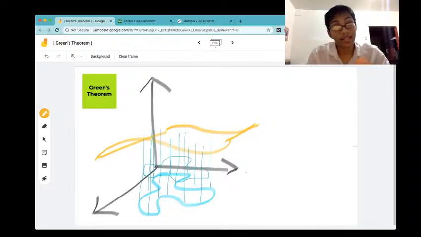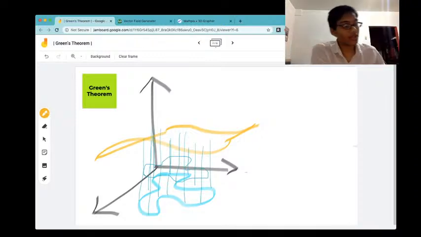It tells us quite simply this. It tells us that the line integral of whatever path is lying down there in the xy plane is equal to the double integral of that surface, of that curtain.